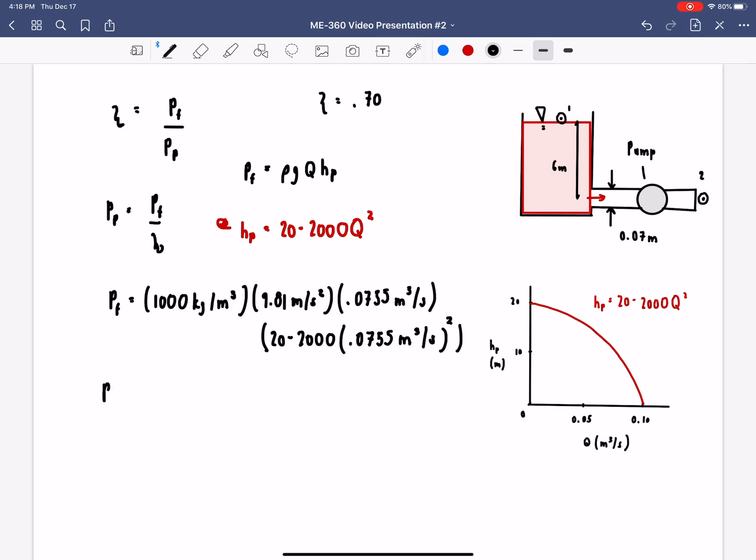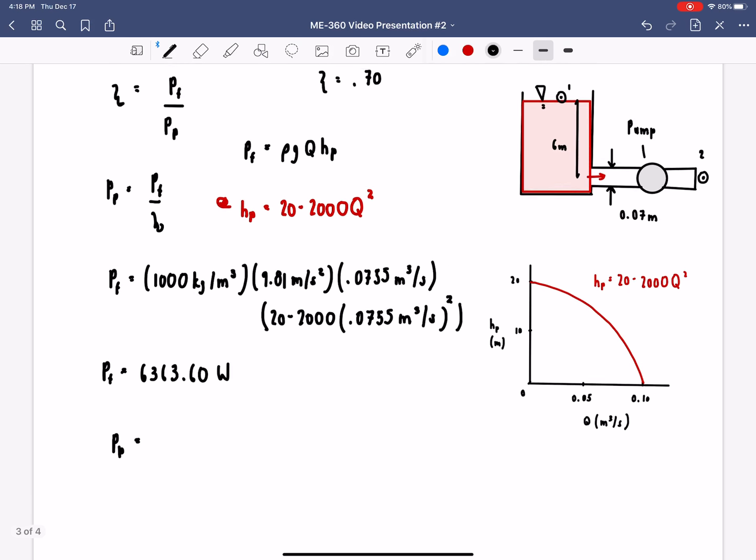So this comes out to be power supplied by the fluid, 6,363.60 watts. But we want to know the power supplied from the pump.